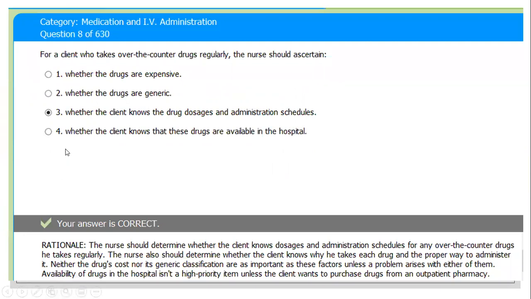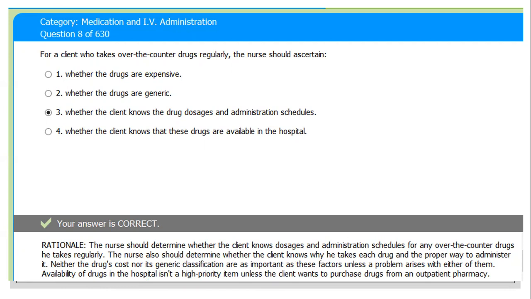So why number 3? And what is the rationale? The nurse should determine whether the client knows the doses and administration schedule for any over-the-counter drugs he takes regularly. The nurse also should determine whether the client knows why he takes each drug and the proper way to administer it.